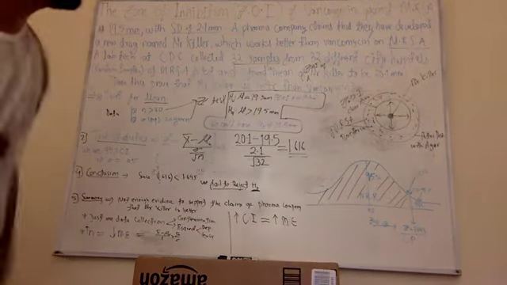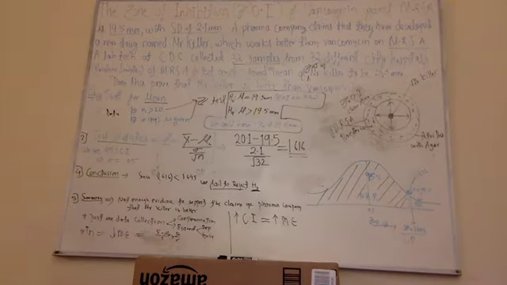All right. So the zone of inhibition of vancomycin against MRSA is 19.5 millimeter with standard deviation of 2.1 millimeter. A pharma company claims that they have developed a new drug named Mistokiller, which works better than vancomycin on MRSA.